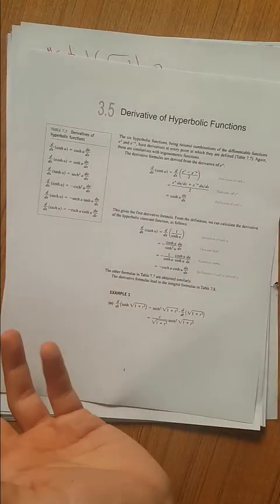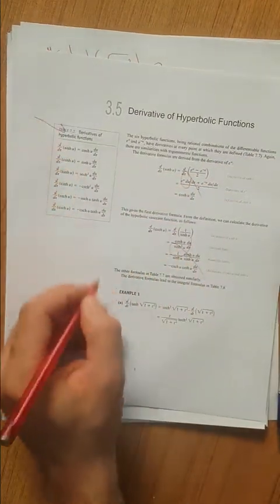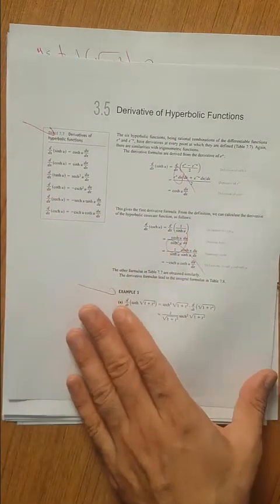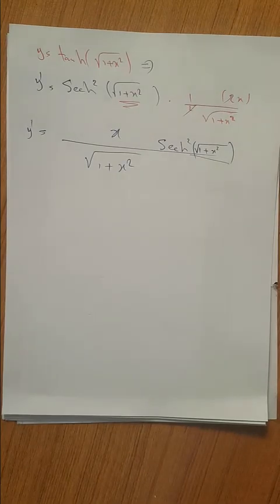The rest are just rules, and use the same strategies that we had before. I taught you to find the derivative of the angle, the derivative of the inside and the outside of the function.